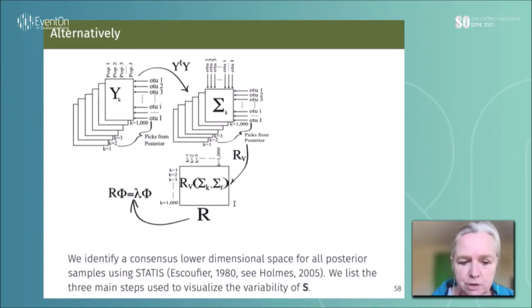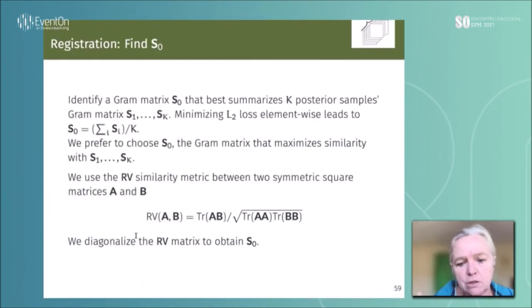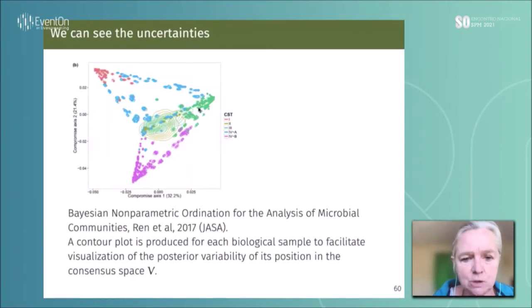Then we compute the first eigenvector. And it's the first eigenvector which serves as the consensus. And when you project onto that first eigenvector, and again, the table for which we compute the eigenvectors is the one with the RV matrix, this is what you get.